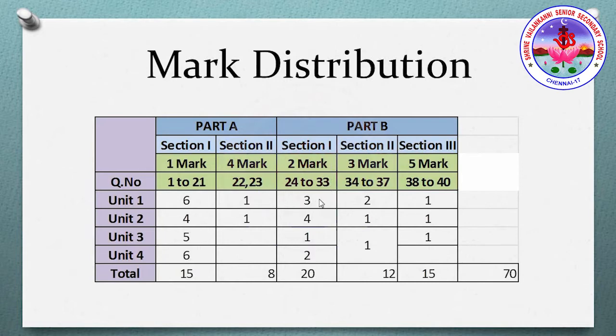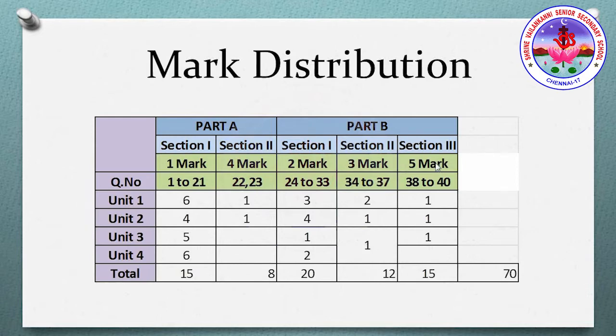From unit 1, 3 questions, unit 2, 4 questions, unit 3, 1 question, and unit 4, 2 questions. So totally 20 marks. Then 3 mark questions, question number 34 to 37. From unit 1, 2 questions, unit 2, 1 question, and from unit 3 and 4 we have the internal choice for 1 question. Either from unit 3 or unit 4, you will get 1 question. So totally we have 12 marks here.